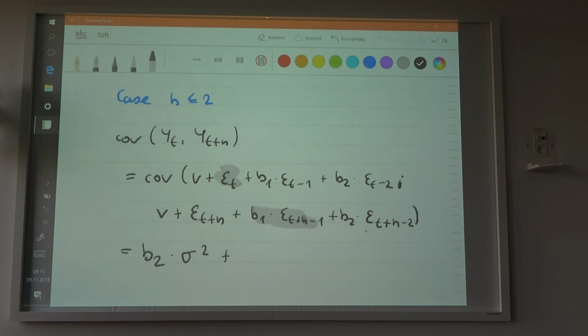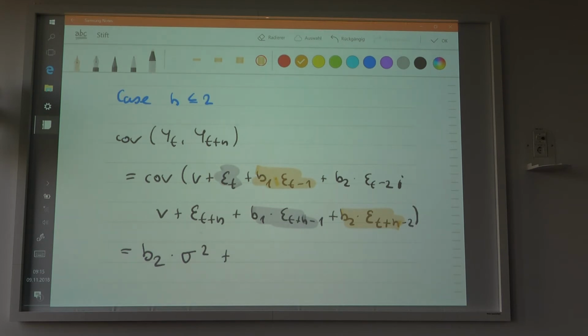And then here you have epsilon_{t+1-2}, which is equal to epsilon_{t-1}, so epsilon_{t-1} will overlap. So the gray ones are going to overlap, and the orange ones are going to overlap if h is equal to 1.